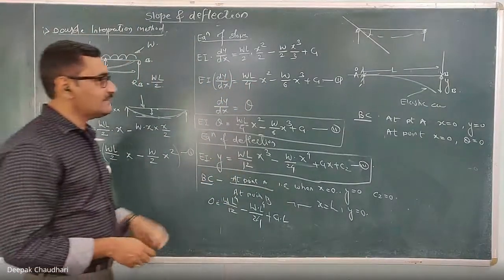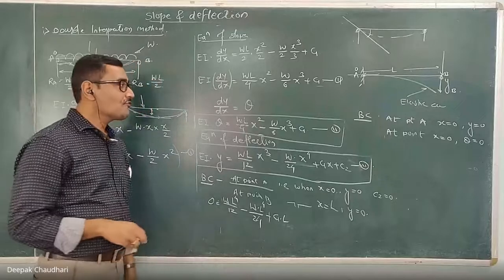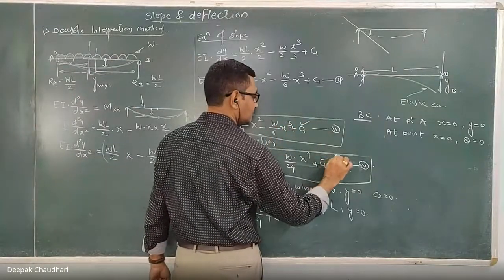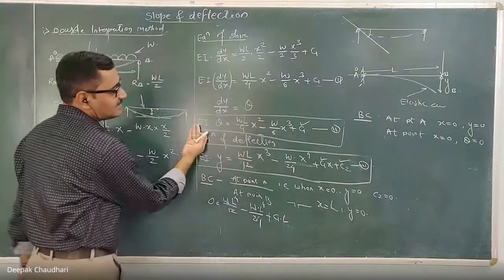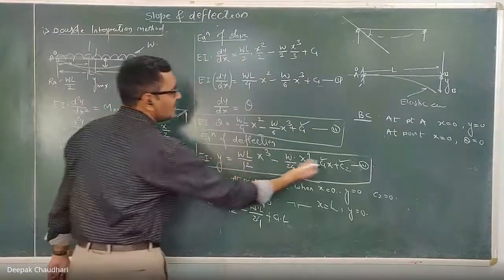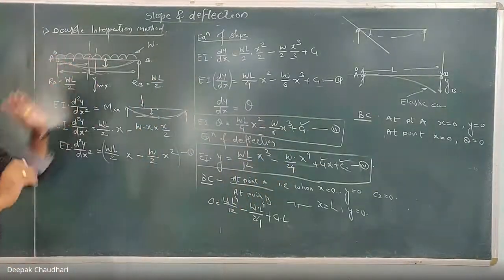Once you get C1 and C2, come back to this sum. Once you get the values of C1 and C2, this is the general equation of the slope, and this is the general equation of the deflection for this loading.